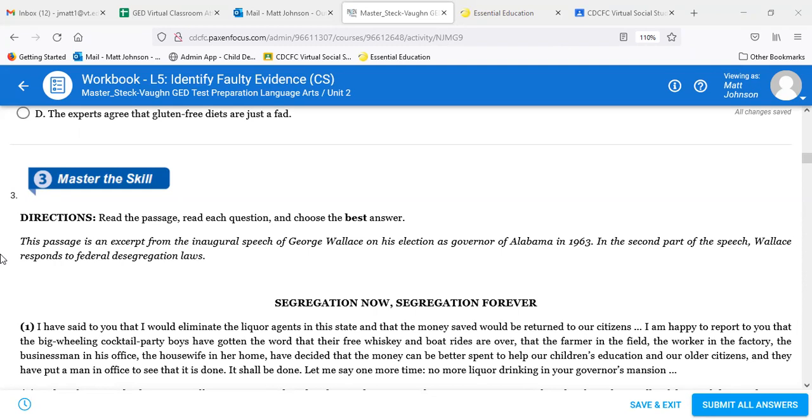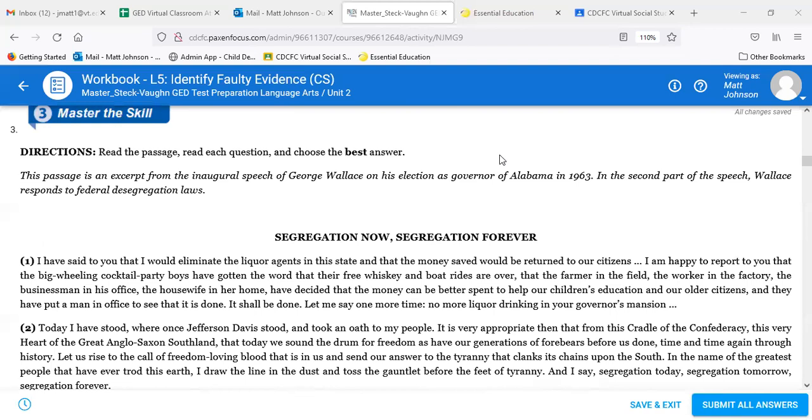In the second part of the speech, Wallace responds to federal desegregation laws. Remember, we touched on this yesterday. George Wallace was later on in 64 after the passing of some of the civil rights legislation. I'm going to go ahead and read it, but this guy is just a jerk.